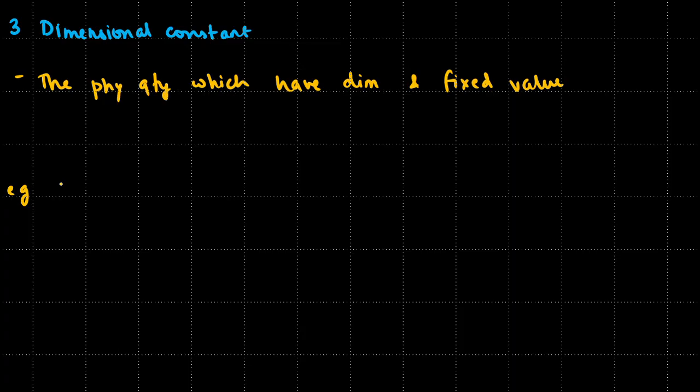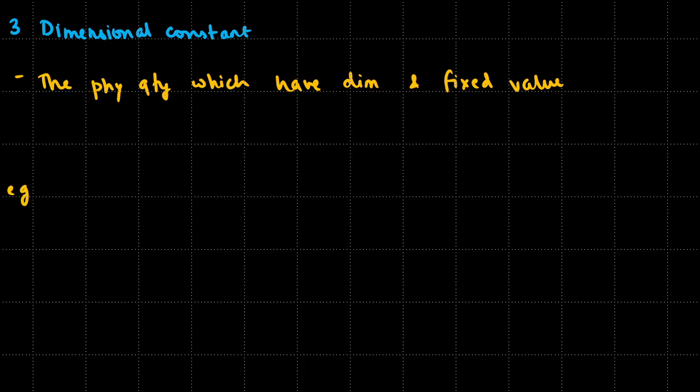Do you remember gravitational constant? Speed of light in vacuum? Do they have units? Yep, they have units. Does that mean they have dimension? Yep, that means they have dimension. And are they fixed values? Yeah, they are fixed values.